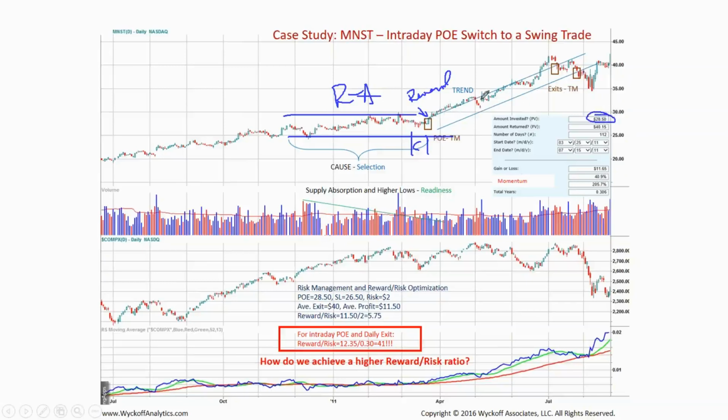We could go through this whole swing, and then we could exit right here on the signs of the change of character bar at 40.15. We would make, where is it? I think that, yeah, this was the return. We're entering at 28. Yes, so that was the return.